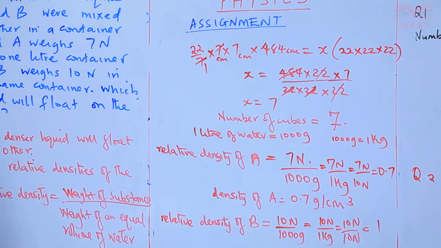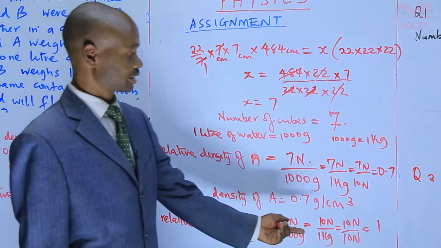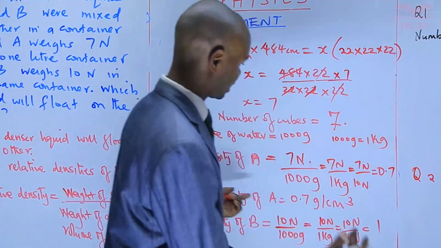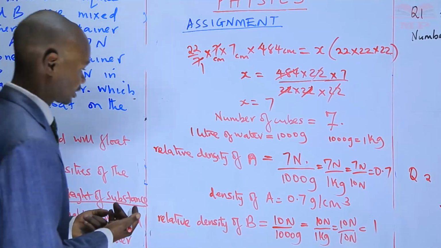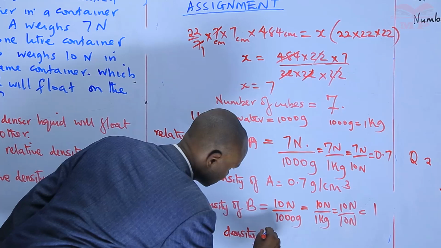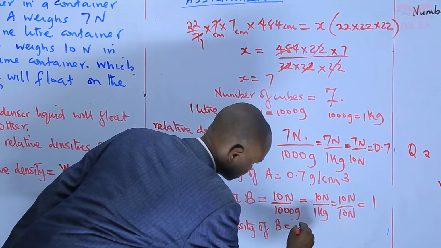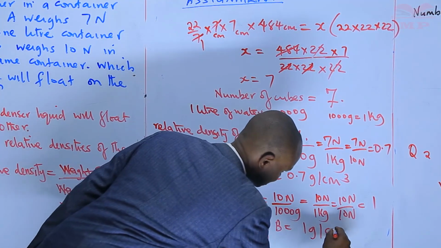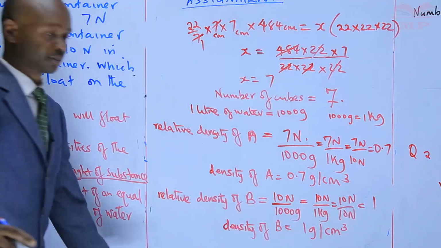Something funny, it has a density similar to that one of water, but lucky enough we've got the density. So density of B is equal to 1 gram per centimeter cubed.